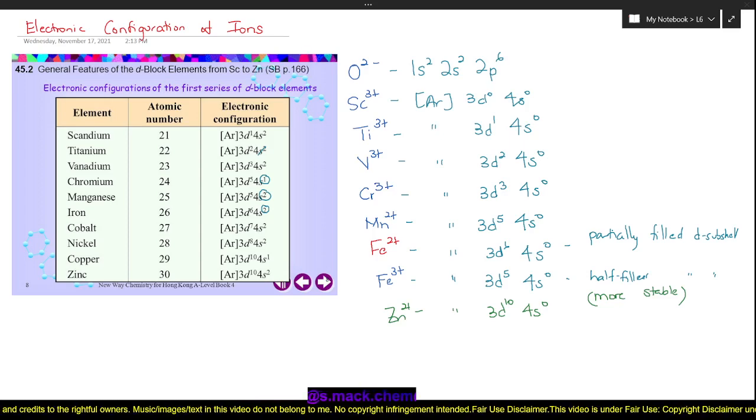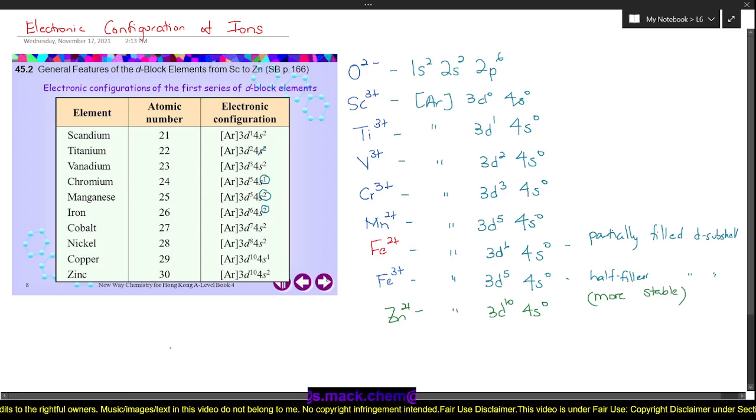I'm also going to mention here, and we'll look at it in a later topic, that Sc3+ and Zn2+, their compounds tend to be colorless. These are any compounds containing these ions. They tend to be colorless, and this is because of a d0 or d10 electronic configuration.